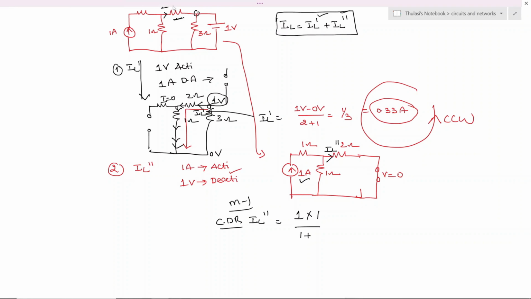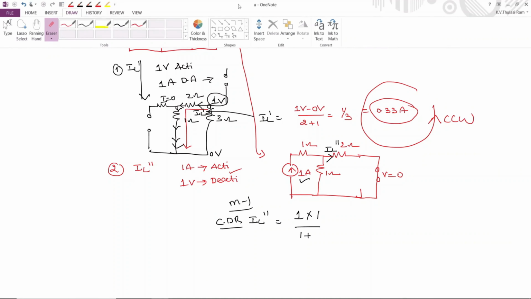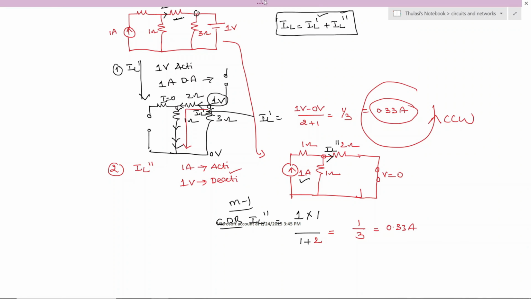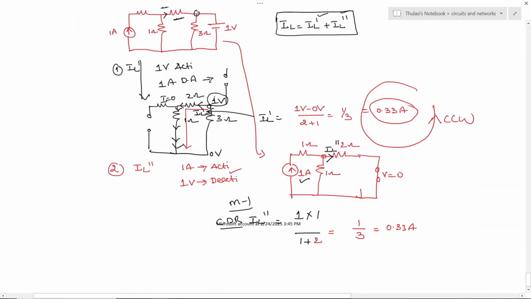Using this basic concept, IL double dash is equal to total current 1 times 1 divided by 1 plus 2, which is 1 by 3, once again the same, 0.33 amperes. This is by method 1.